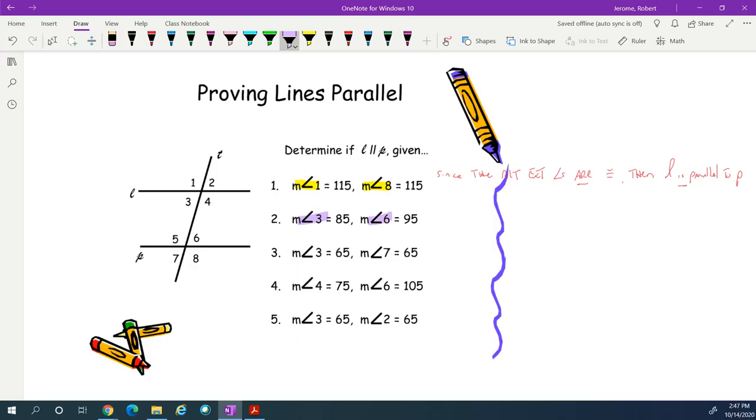And we're just going to do a few examples. We want to understand that rationale. Angle 3 and angle 6, we'll find them. Those are alternate interior angles. Alternate interior angles are supposed to be congruent, but they're not.